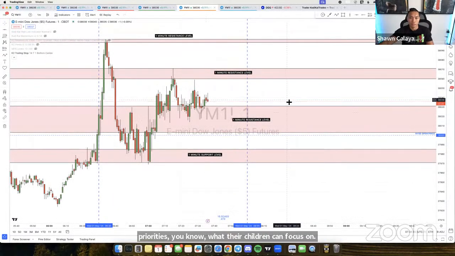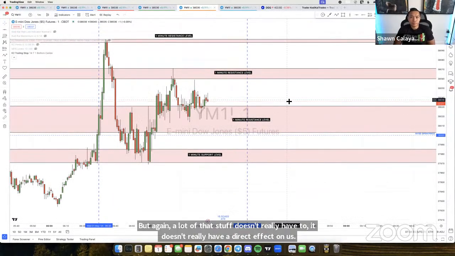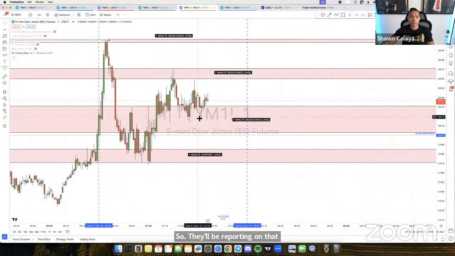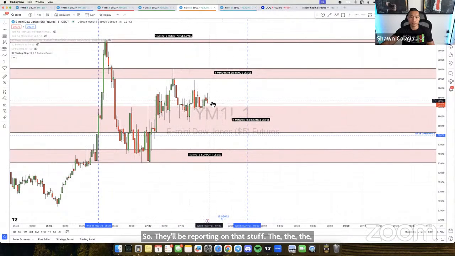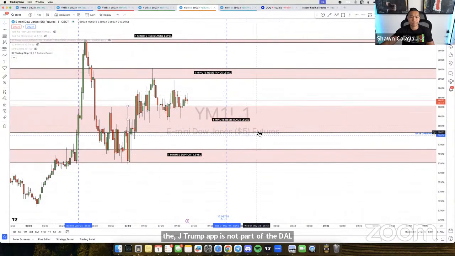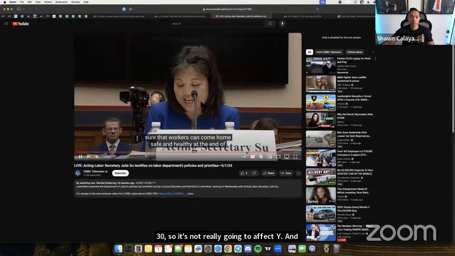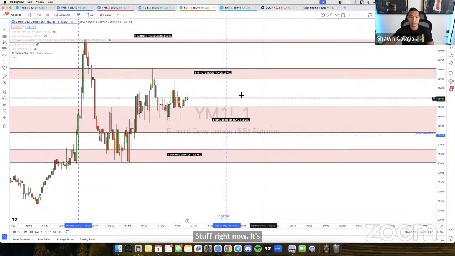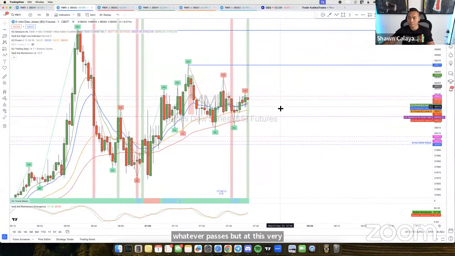It's a precursor to what's going to happen next, so they'll be reporting on that stuff. The Donald J. Trump app is not part of the Dow 30, so it's not really going to affect YM. And the testifying over here is not really going to affect stuff right now. It's going to affect stuff later on with whatever passes, but at this very moment, nothing here is going to affect what's going on with price.